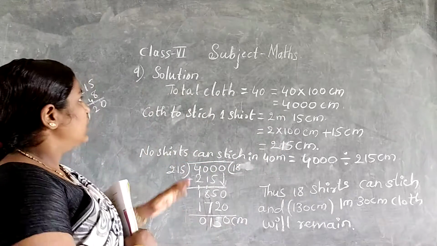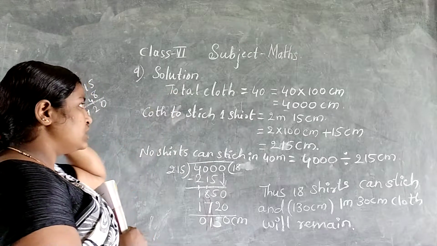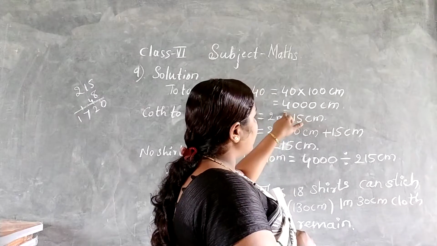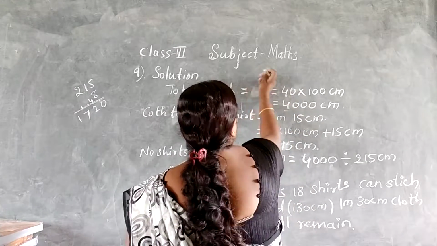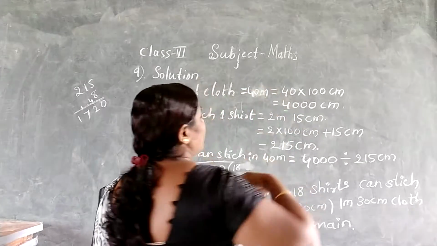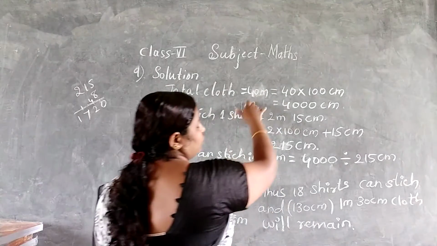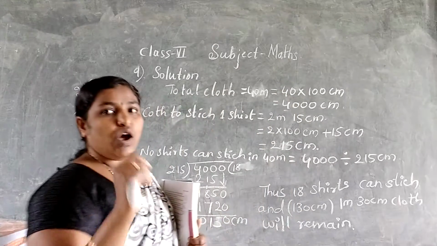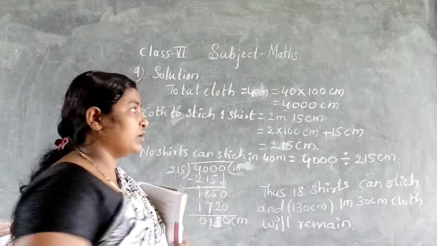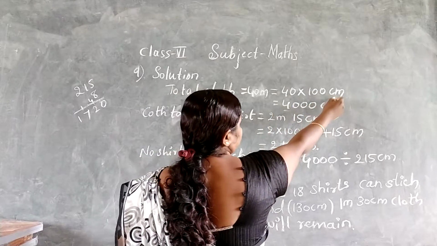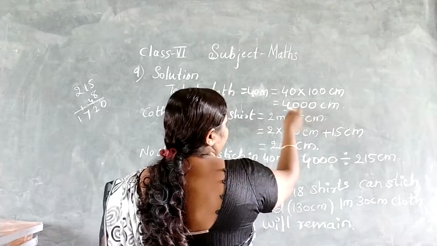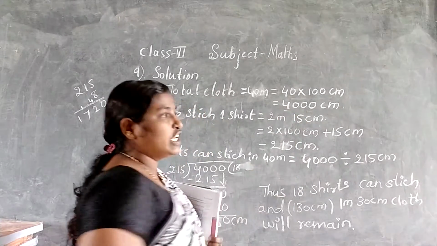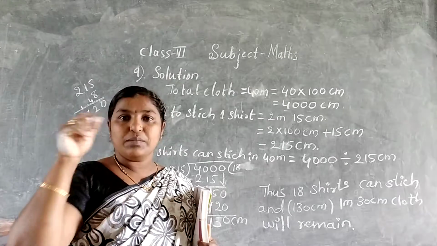Okay, understood? The total cloth is 40 meter, which we should convert to centimeter. 1 meter is equal to 100 centimeter, so 40 into 100 becomes 4000 centimeter. Out of 4000 centimeter, how many shirts can be stitched?